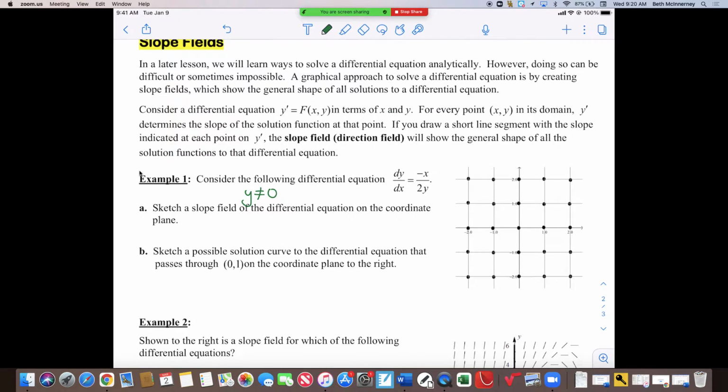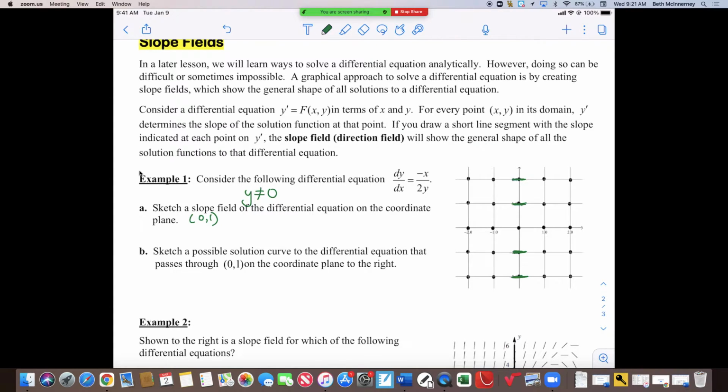So then let's just start picking some points. What would happen for all of the x equals 0 points? It would be 0. So I could do that whole row, but not on the x-axis. So do you see how sometimes you can just start with 1 and go, oh, okay, that's all the same.